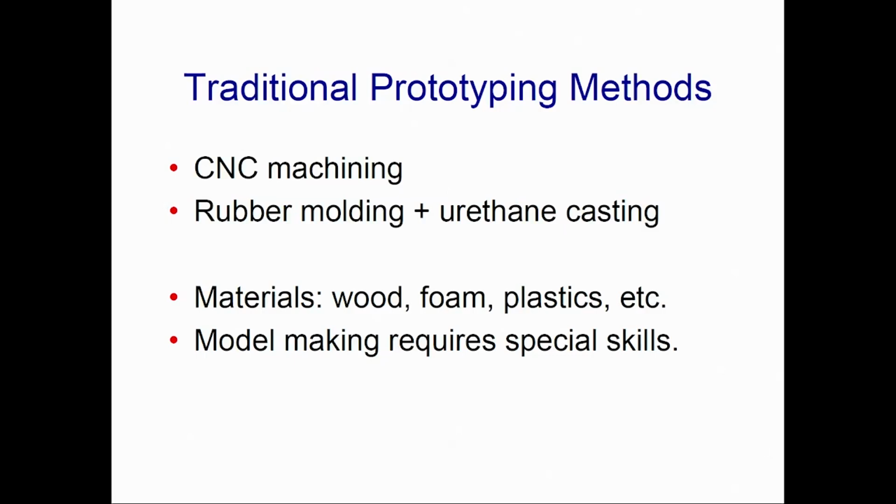And we also had rubber molding and urethane casting, where if you make a positive model, it is possible to convert it into a negative and then pour materials inside. Traditionally people were taking wood and carving it, and even wood has been used in CNC machining. If you use a proper cutter, it is possible to make something of any shape.